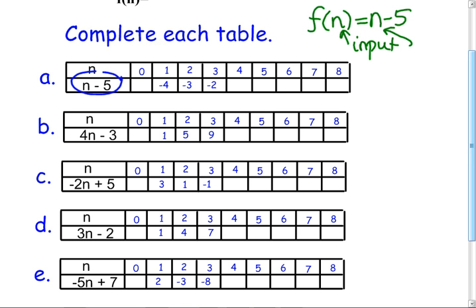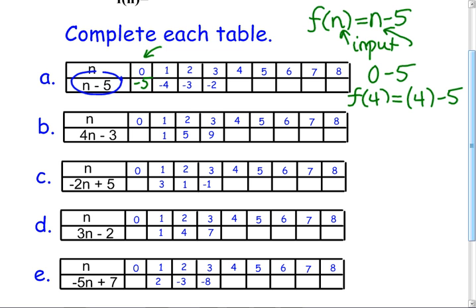So if I input 0 here, because that's the first number I want to do, it's 0, take away 5. Well, what's 0 minus 5? It's easy. Negative 5. Then if I want to find the next one, my input is going to be 4. So f of 4 is going to be equal to 4 minus 5.